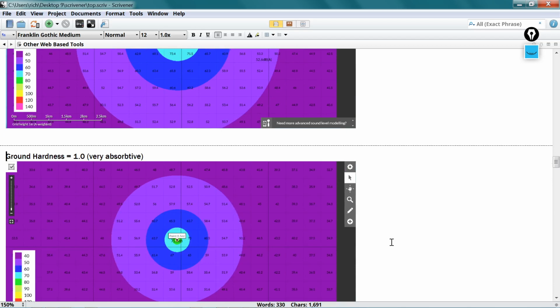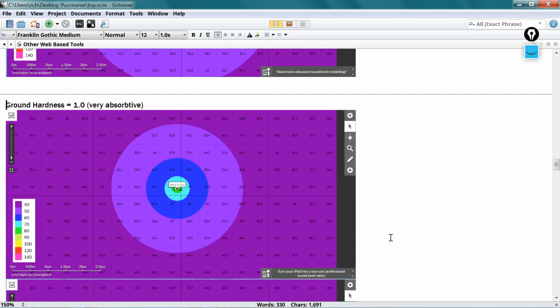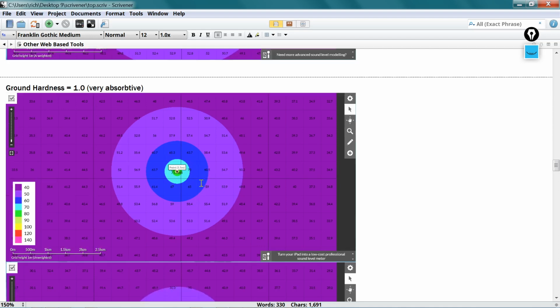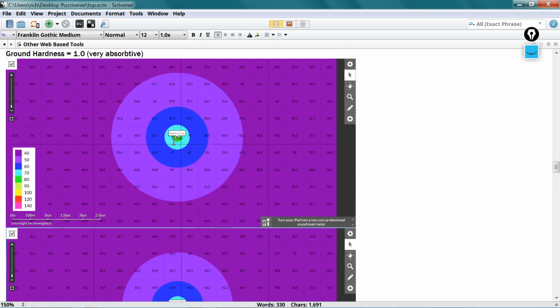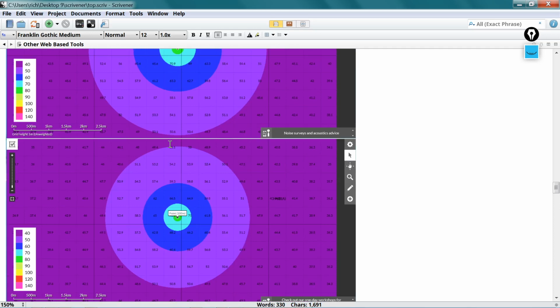Now, if we go to a really absorptive ground, then here at the ground level, the sound gets absorbed very quickly, and it's only half a little square before the edge of the light blue region is reached. And then for the elevated, let's see, elevated. Okay, this one's A weighted, then we got that and that. Okay, yeah.